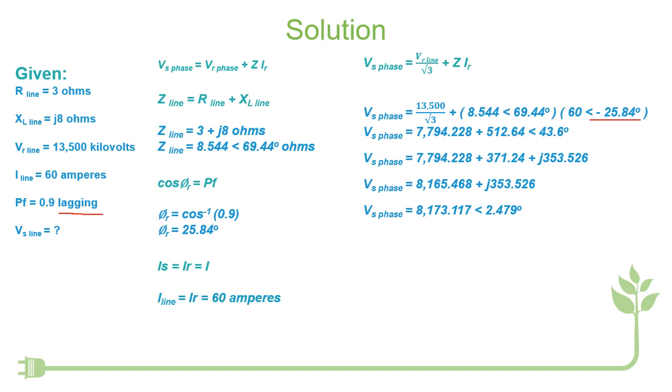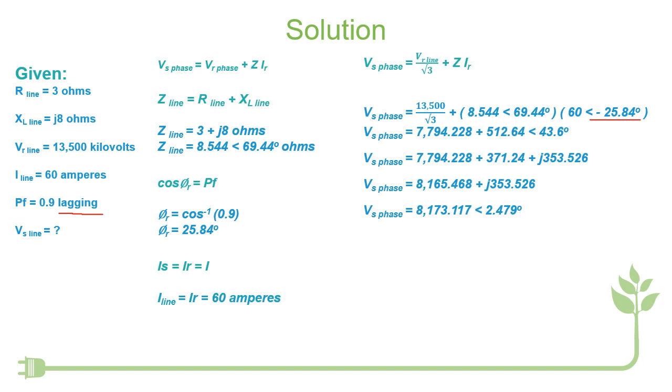Simplifying it more, VS phase equals 7,794.228 plus 512.64 angle 43.6. Convert the 512.64 angle 43.6 to rectangular form. We will have 7,794.228 plus 371.24 plus j353.526.